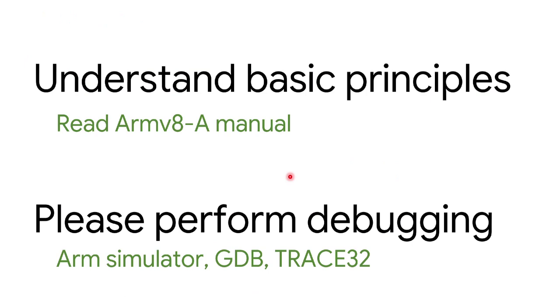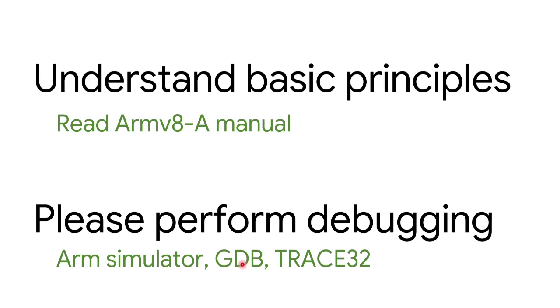Once you understand the basic principle of the register, the next important step is to perform debugging. Arm provides several Arm simulators, so you can make use of an Arm simulator to run assembly instructions. GDB is a widely used open source debugger.